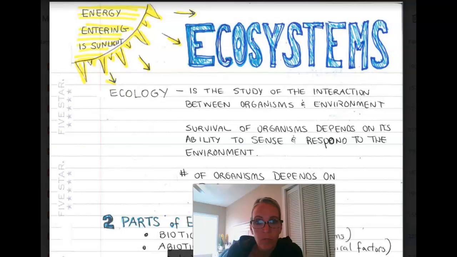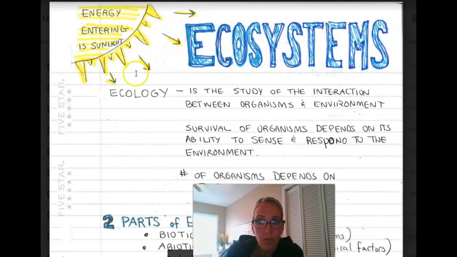And ecosystems, when we do this, an ecosystem is simply all the living organisms and non-living factors in an environment. So an ecosystem can be something as small as your backyard or something as large as the entire world. So an ecosystem is all the living and non-living things that work together.